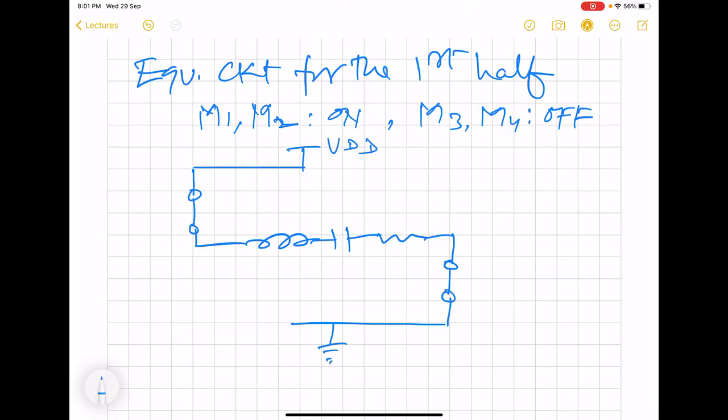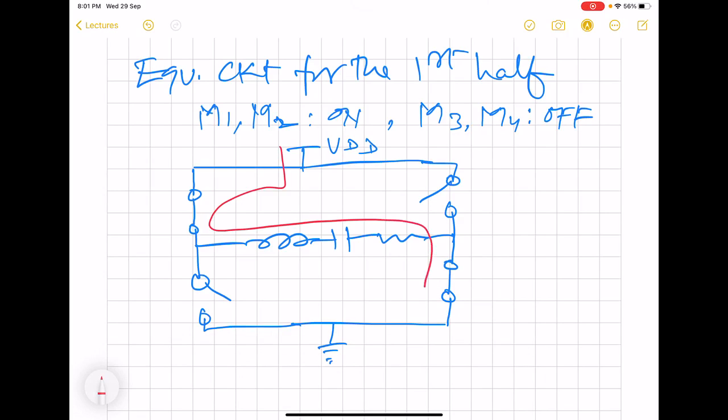Note how the circuit has got completed because of this combination, but M3 and M4 are open. So we find that now there will be a current flowing through this RLC circuit in this way. We will be calling this ID1.